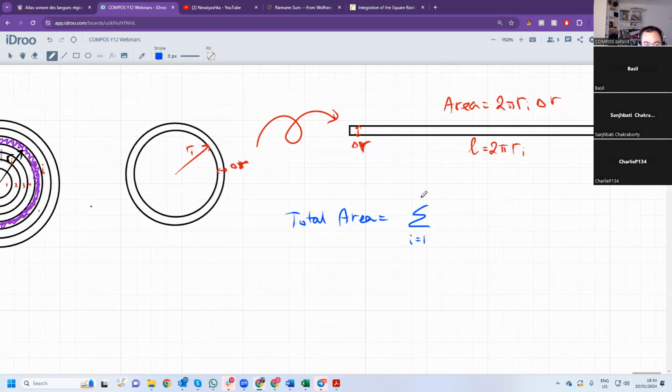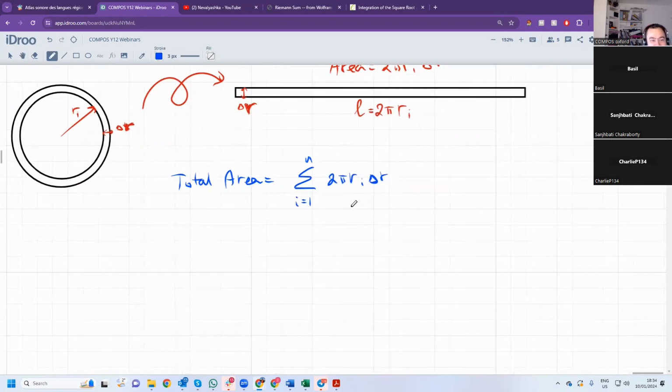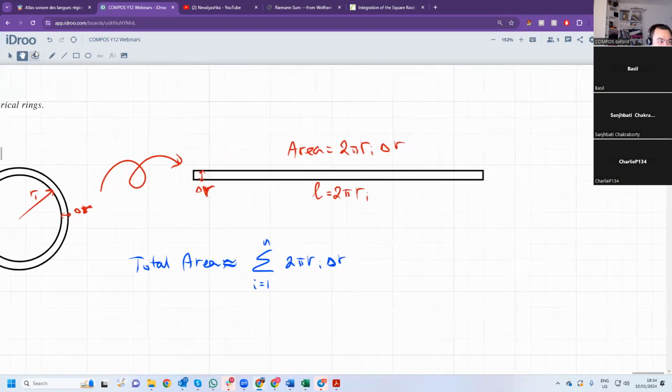So the sum for i from 1 to n of 2 pi r_i delta r. And that's cool. The total area is approximately this, because each ring's area is approximately this.